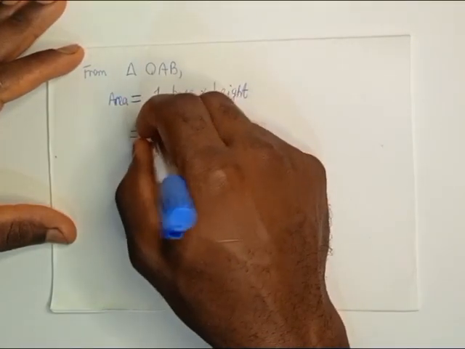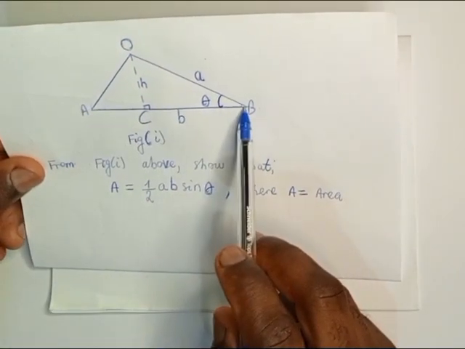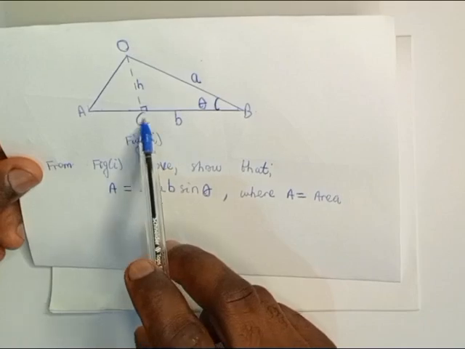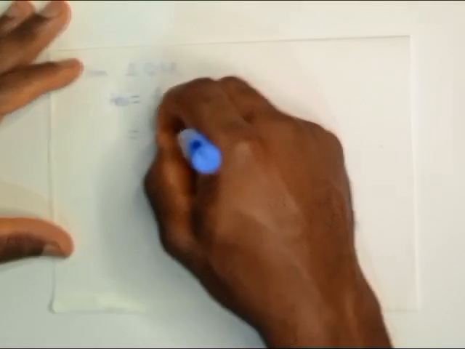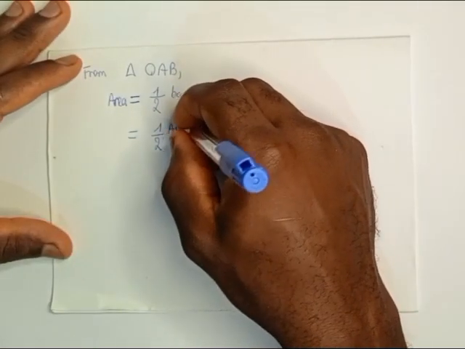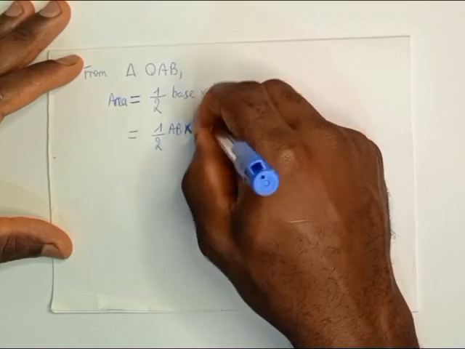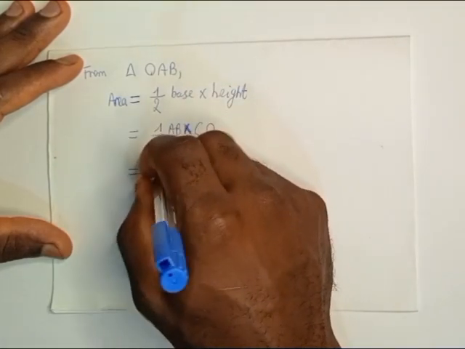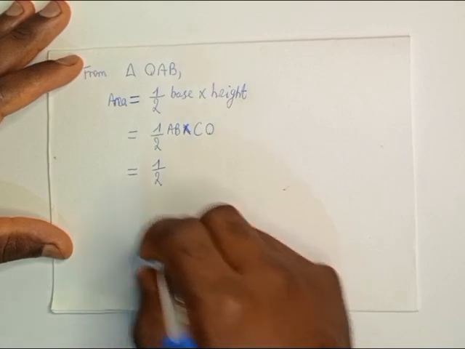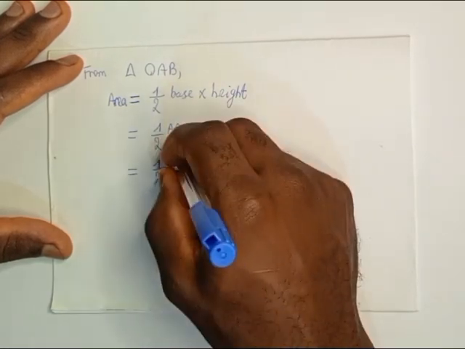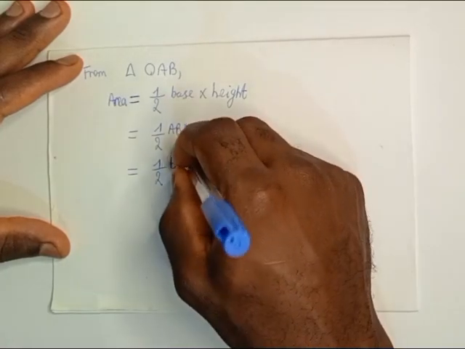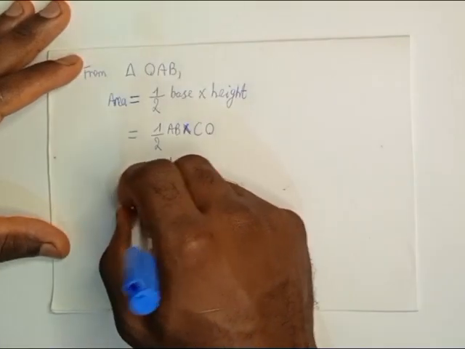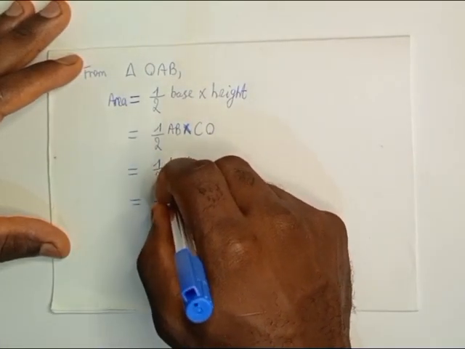The base of this triangle is AB and the vertical height is CO. So we take a half base, which is AB, times the vertical height, which is CO. AB is of dimension small b, times the vertical height CO, so dimension H. This is simply equal to a half bH.